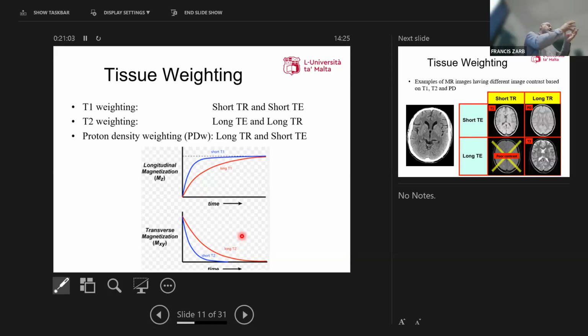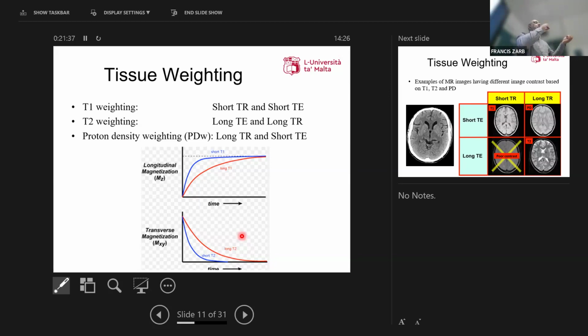Actually, when you're getting a signal, you're getting a signal from the protons, and the protons are experiencing both T1 changes and T2 changes. So you need to be careful when you set your TE and TR. If you want a T1 weighted image, to enhance the T1 difference, but then reduce the T2 difference, the contrast on the image would be weighted, shifted towards T1 and not T2.